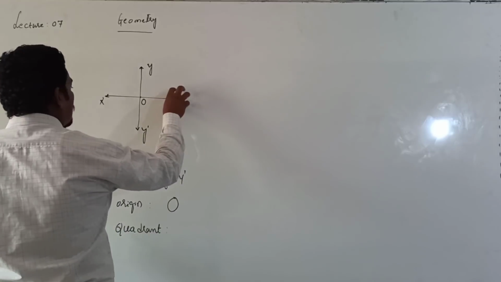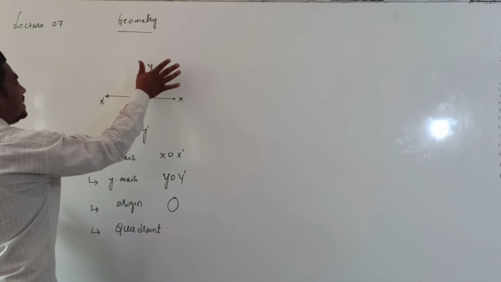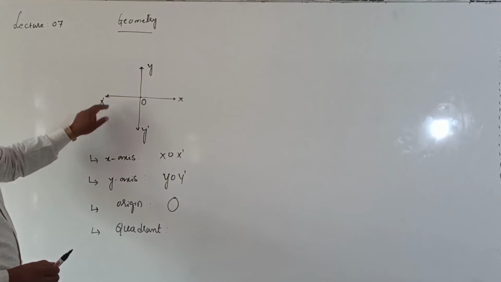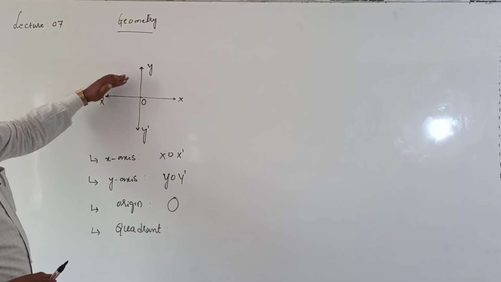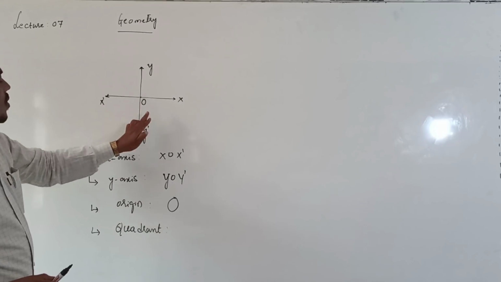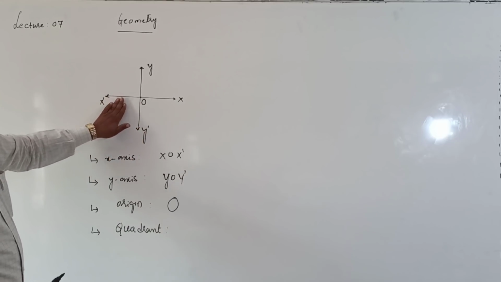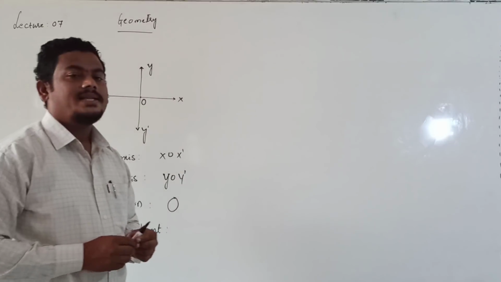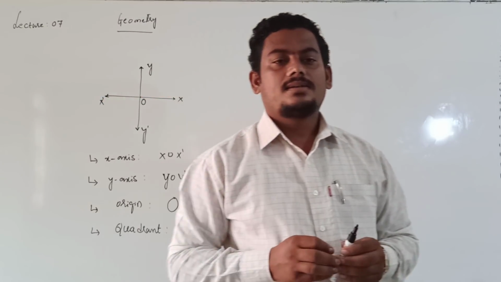Clearly, X, O, Y. This is first quadrant. Y, O, X prime. This is second quadrant. Then X prime, O, Y prime. Third quadrant. Y prime, O, X. It is fourth quadrant.